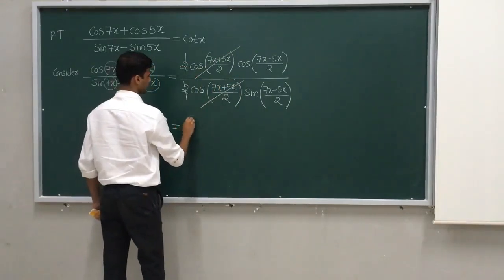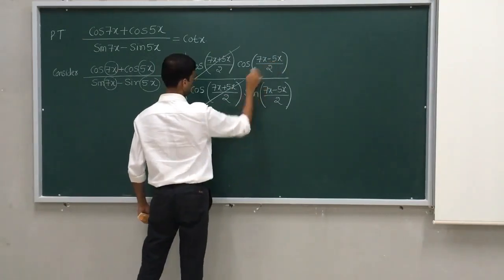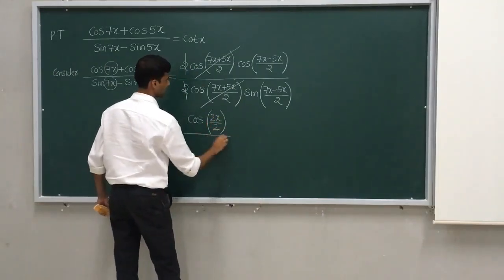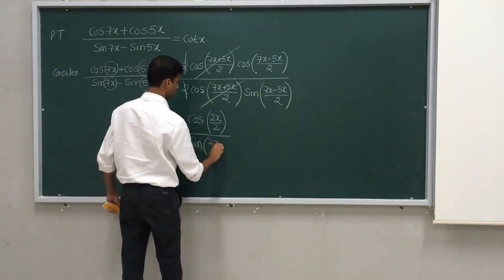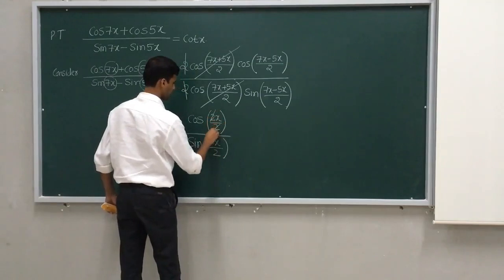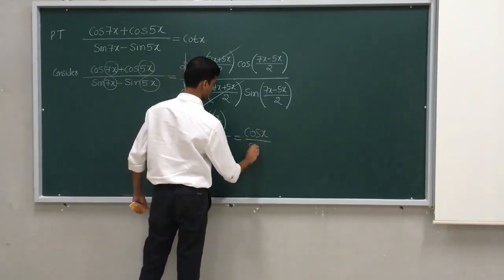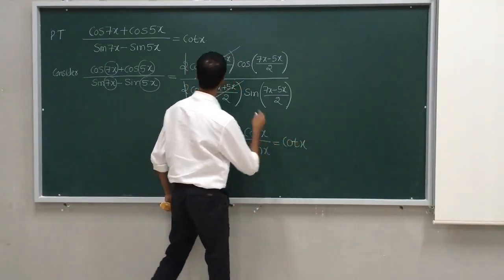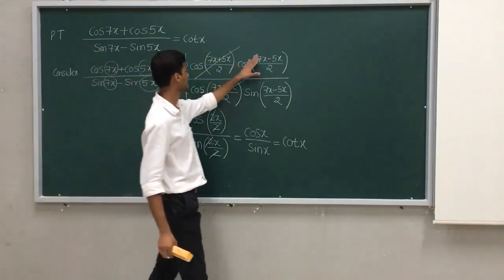You are left with cos of 7x minus 5x, which is 2x, so 2x by 2, divided by sin of 2x by 2. The 2s cancel. You are left with cos x by sin x, and we all know cos by sin is cot. As per expectation, we got this answer. So what I did was apply cos x plus cos y and sin x minus sin y formulas.